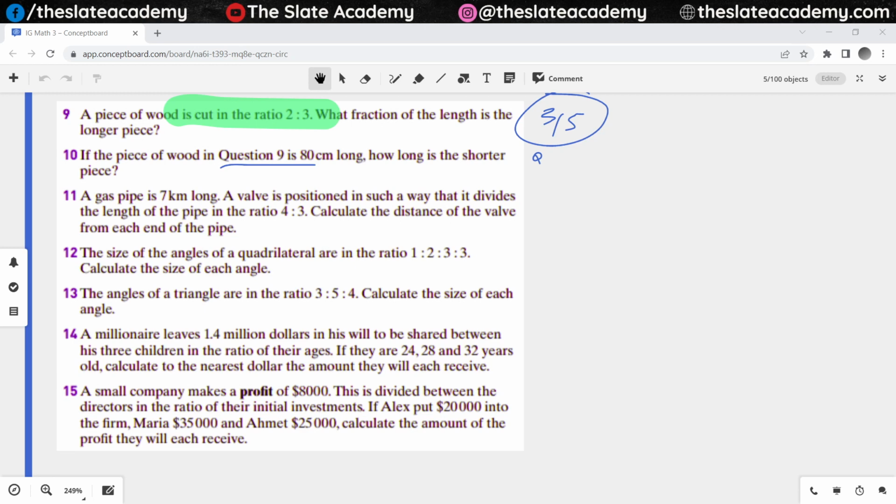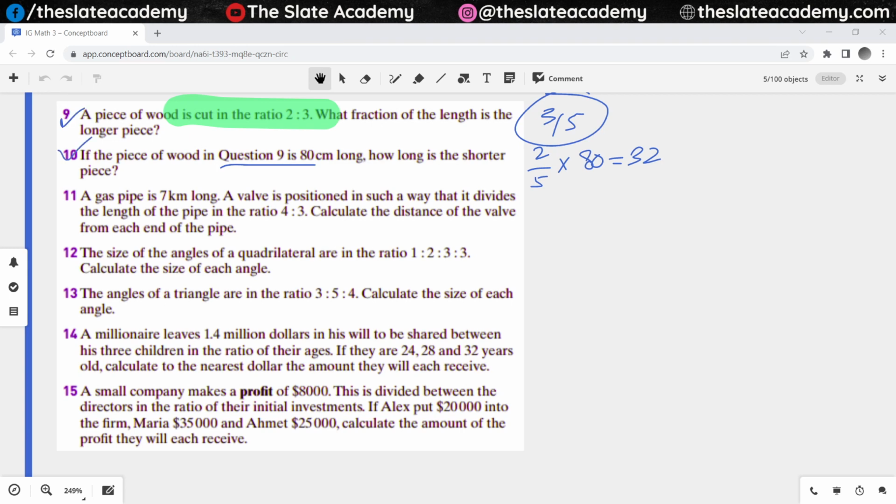So 2 out of 5 into 80, that gives me 32. Excellent. Question 9 done. Question 10 done.